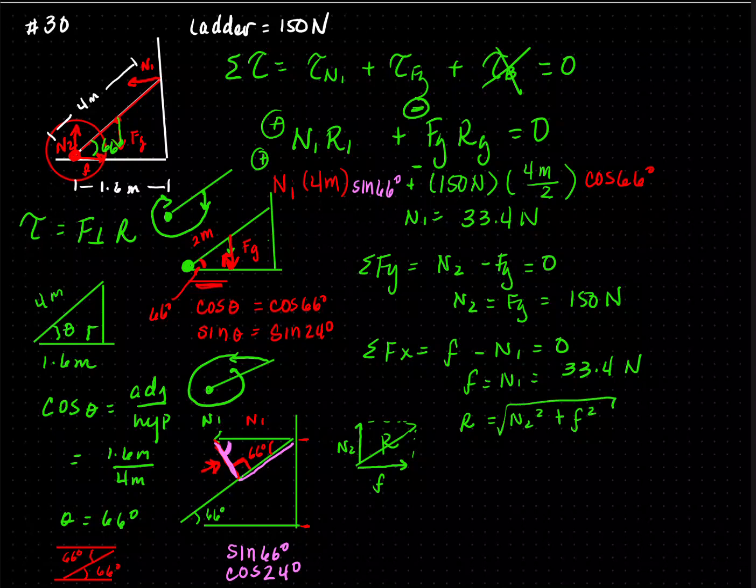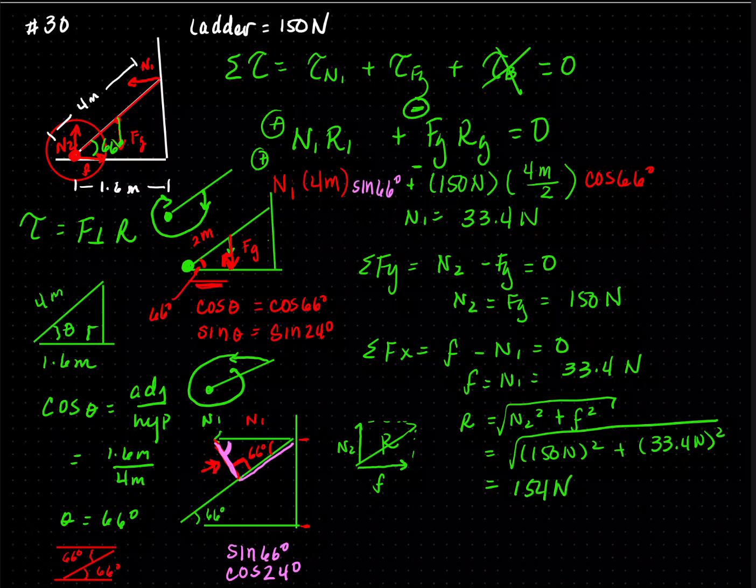So N2 was 150 newtons squared, plus my friction, which is 33.4 newtons squared. Take the square root. This equals 154 newtons. So that is the net force on the ladder at the bottom to prevent it from sliding.